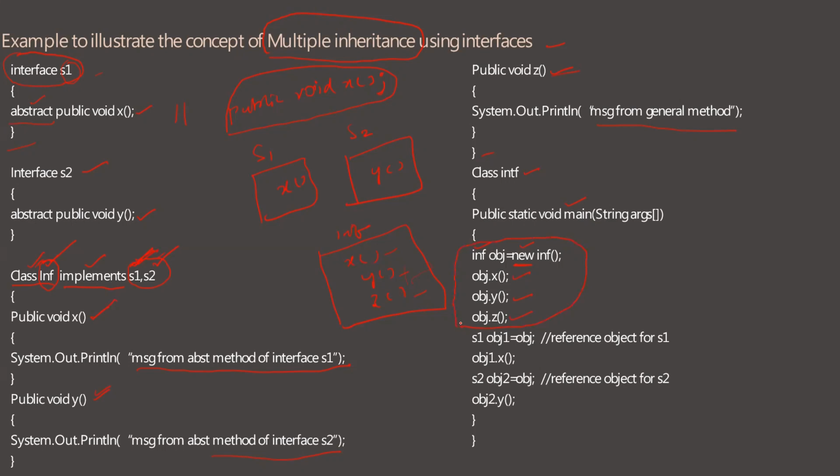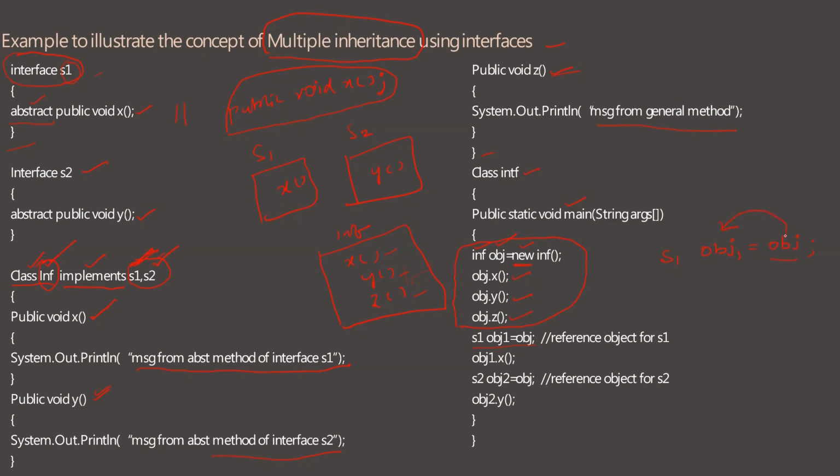But I want to show you how you are going to create a reference object for an interface. So this is one way of creating it. How are you going to create it? See, you're going to create S1, the interface, obj1. The object is already created, and you can't create multiple objects with the same name, right? So I need to create one more object, obj1, equals to, what I'm doing is I'm referencing the memory of your class to the object of the interface.